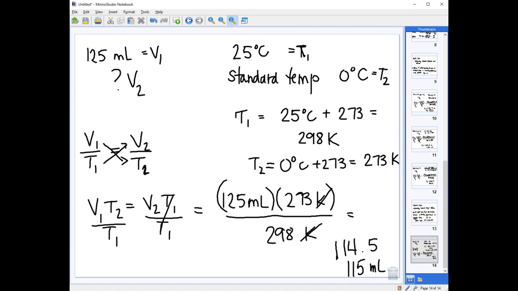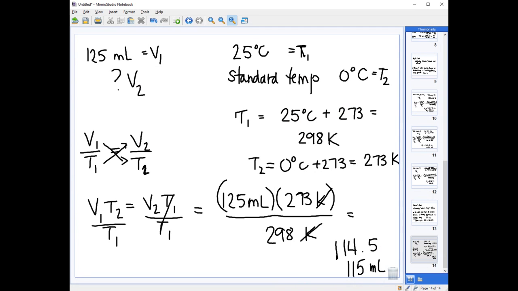Okay. Something else I want to caution you on when you're working these types of problems is that sometimes your problem may say find the volume in liters, or cubic centimeters. So sometimes when you get your answer, it may not be your answer. You may have to convert to liters or cubic centimeters.